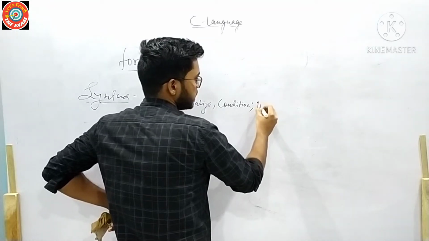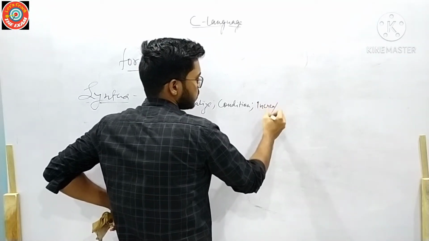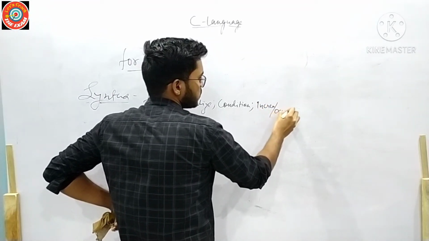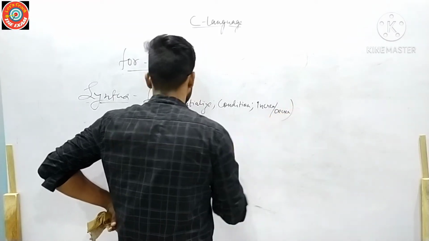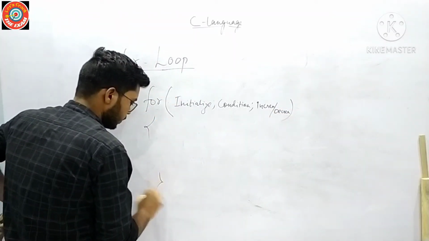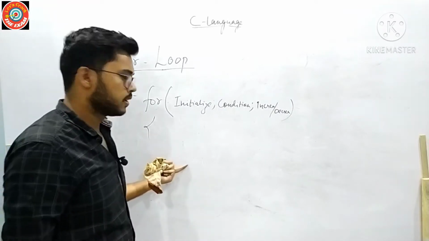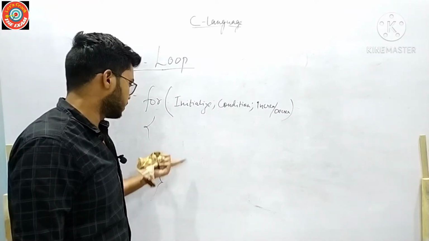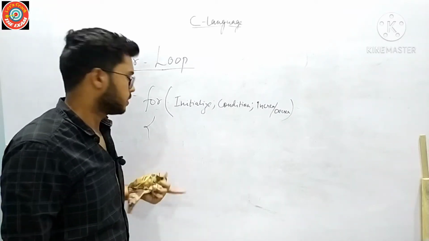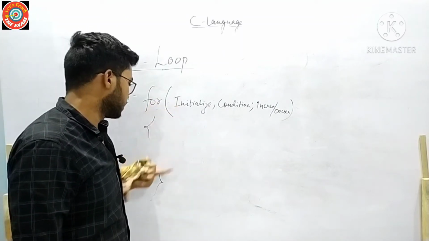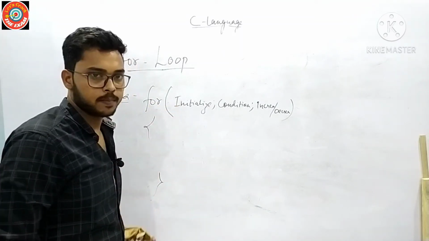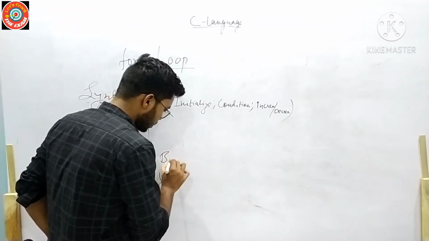Then we use an increment or decrement operator, and then the body of the for loop. Anything we want to write inside the for loop, we write inside these brackets.